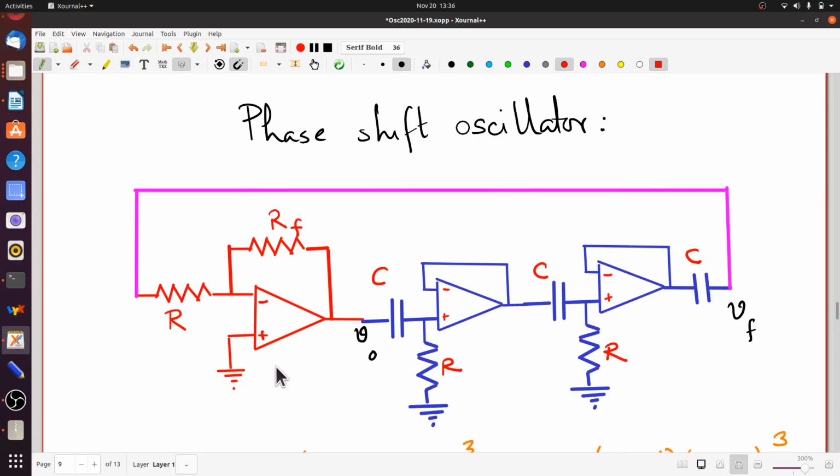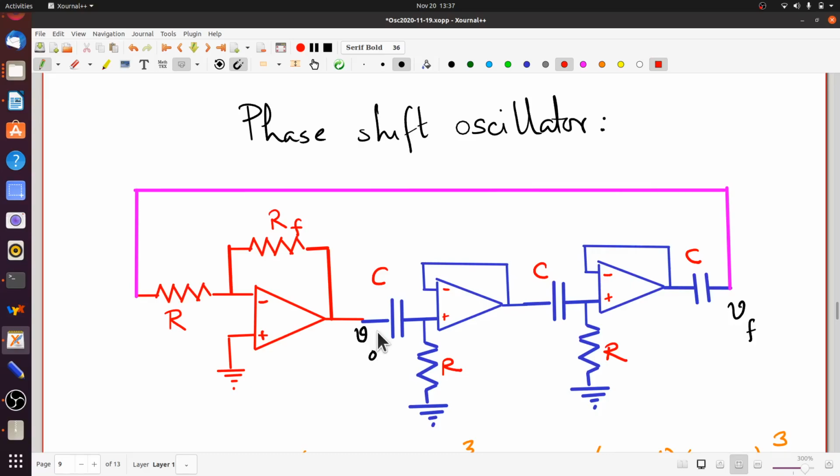But the amplifier has a gain of minus RF by R. It's an inverting amplifier. Then we have a CR part. So there's a 180 degree phase shift, but the CR will try to move the phase back forward again, right? Because the output of the CR leads whatever is being an input to it.